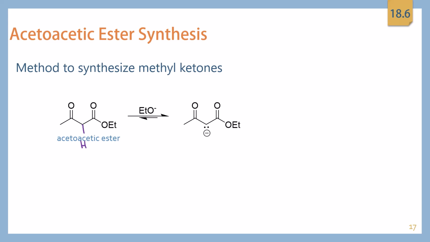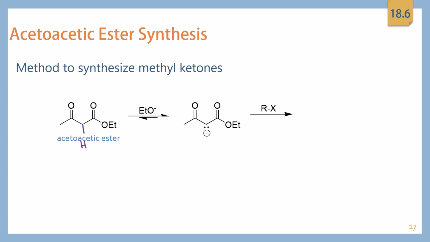It's also important that the base that you're using matches your ester, so that if you have any sort of transesterification occurring, it's not actually a transesterification because you're replacing ethoxy with ethoxy over and over. So there is an equilibrium there of attacking this carbonyl and kicking out ethoxy, replacing it with another one. But anyway, that's a side reaction.